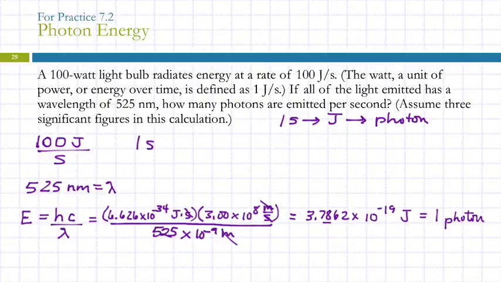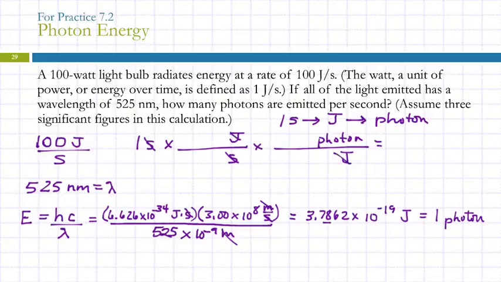So 1 second, and I want to convert to joules. I'm going to divide by seconds. And then I want to convert to photons. I need to divide by joules. Dimensional analysis. For this problem, what's the relationship between joules and seconds? 100.